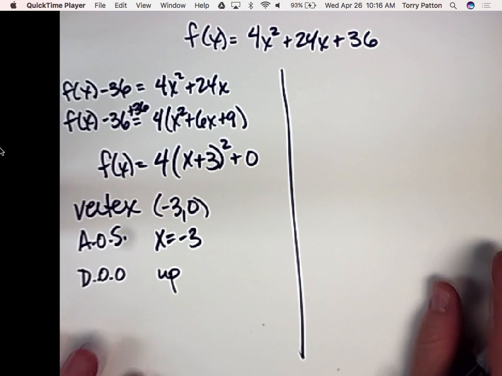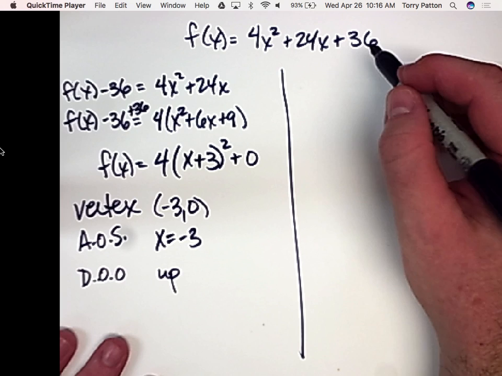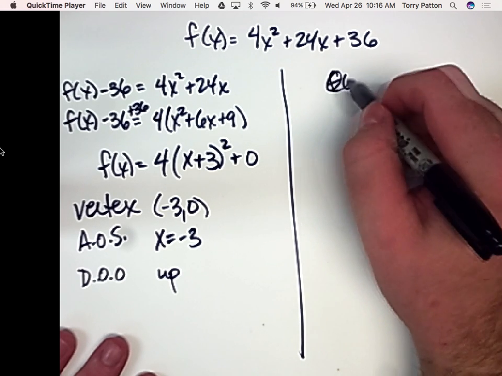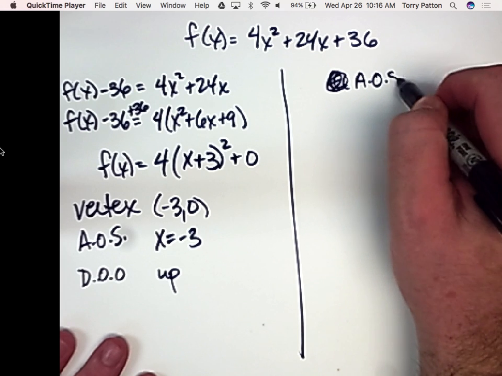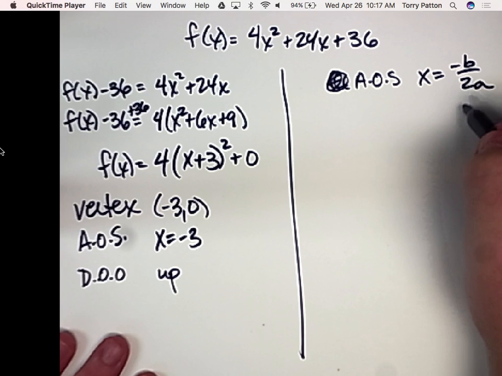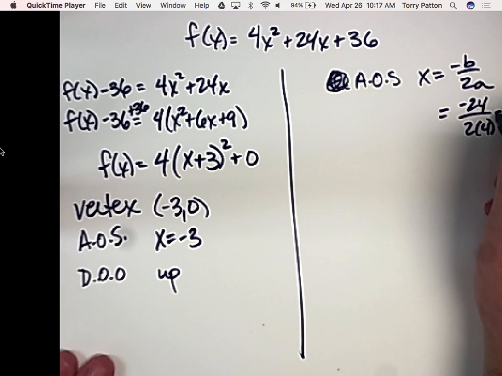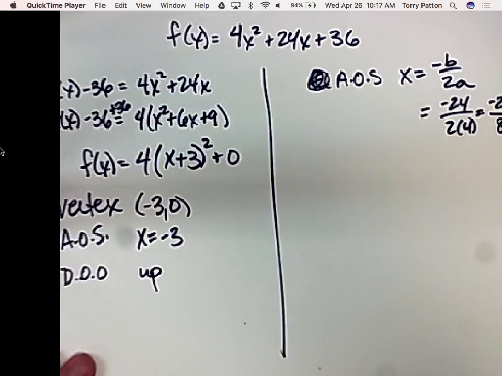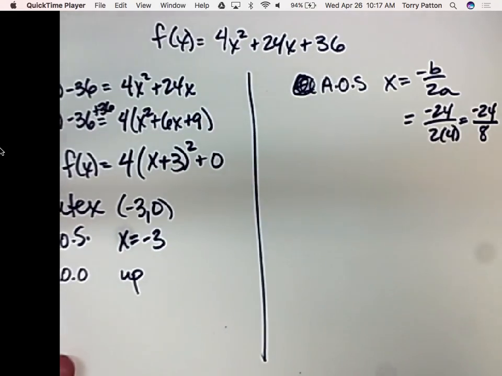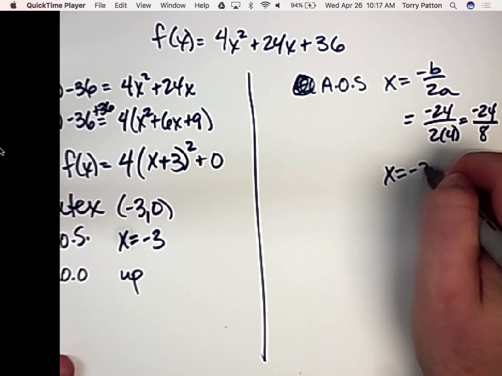Okay, the other way is to just start out with the axis of symmetry is x equals the opposite of b over 2a. So that is negative 24 over 2 times 4, which is negative 24 over 8, which is x equals negative 3.